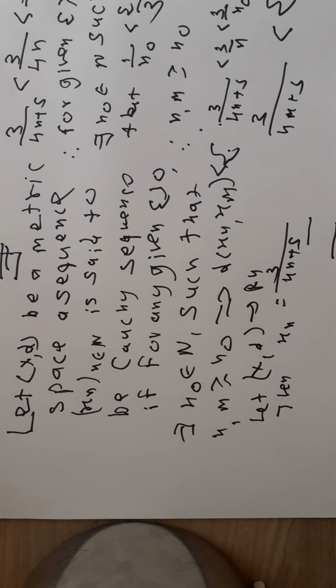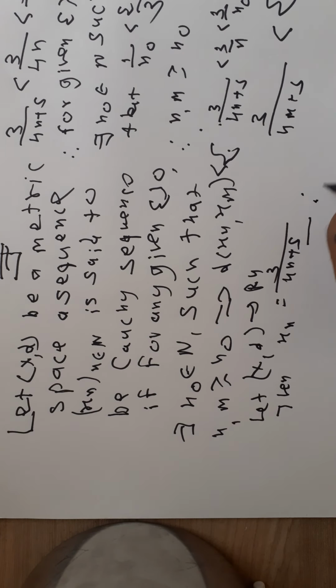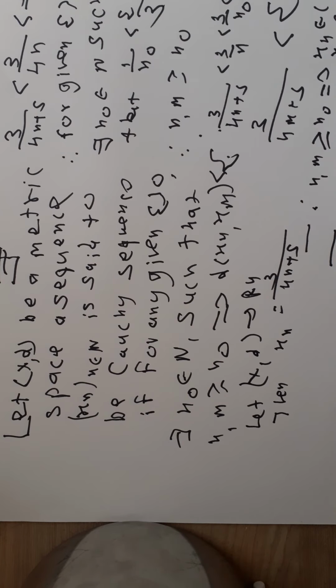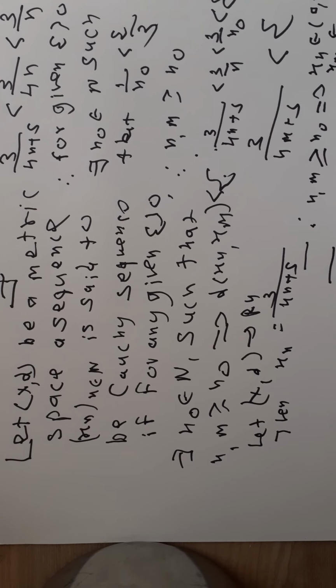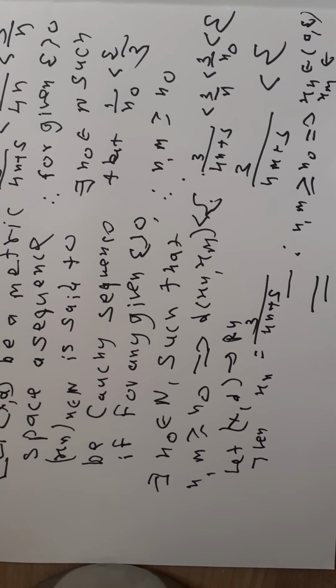Therefore n, m greater than n0 implies xn, which is 3 upon 4n plus pi, belongs to the open ball around 0 of radius epsilon, and xm also belongs to the open ball around 0 of radius epsilon.